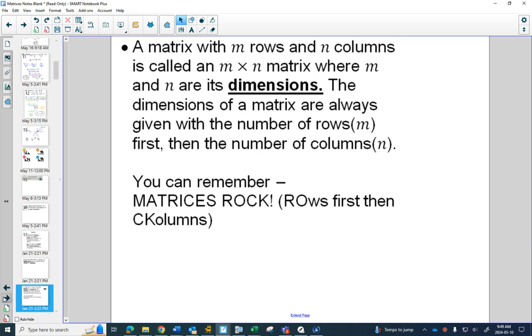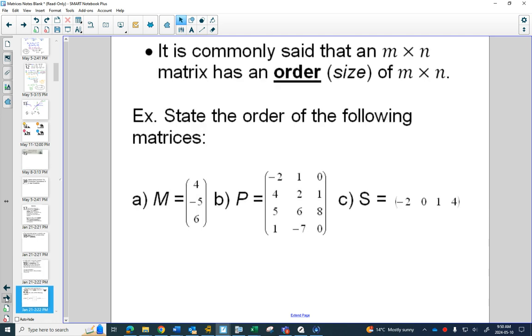So when we're talking about how big a matrix is, if it's a 4 by 3 matrix, it would have 4 rows and 3 columns. Rows first, columns second. So here we have a couple of matrices, and we're going to say the order of them. And remember, matrices rock, so we say the rows first, columns second.